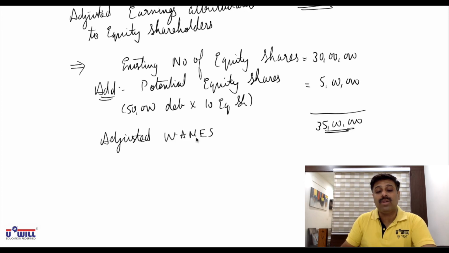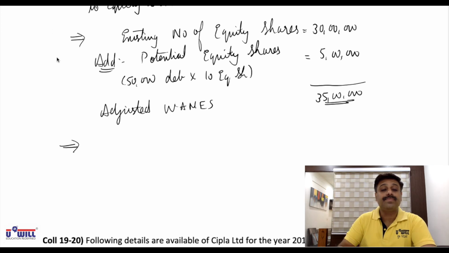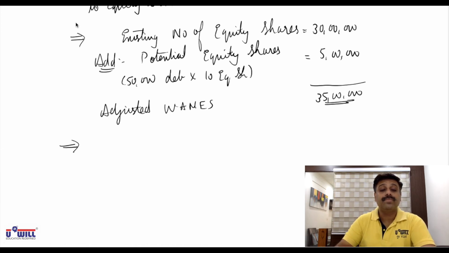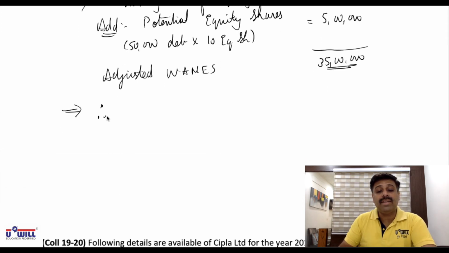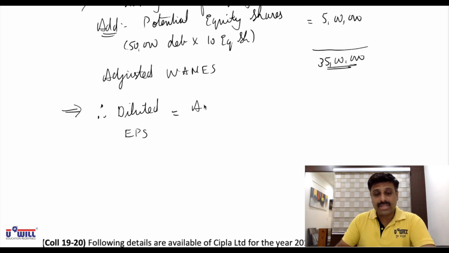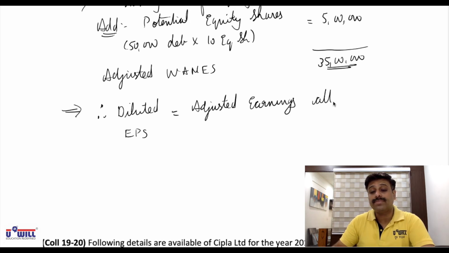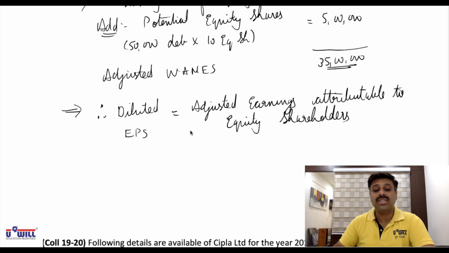Now we apply the formula of diluted EPS. Therefore, diluted EPS is equal to adjusted earnings attributable to equity shareholders divided by adjusted gains.